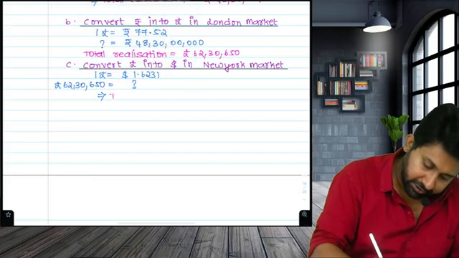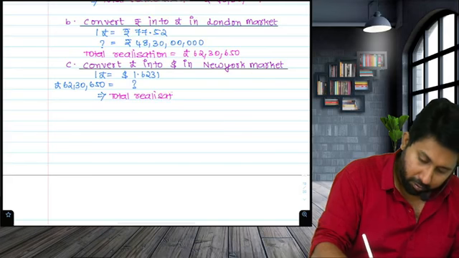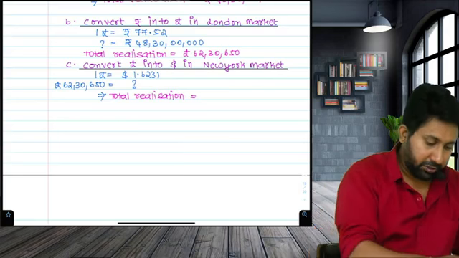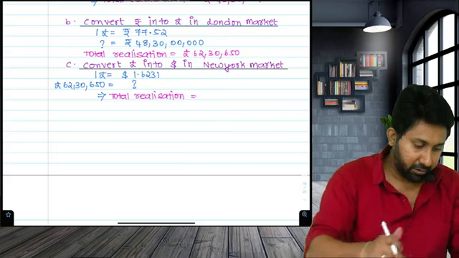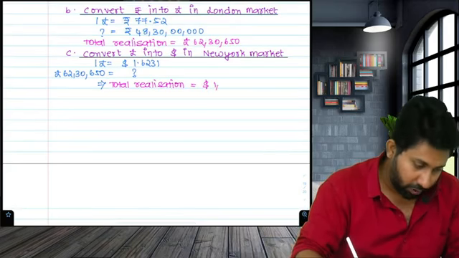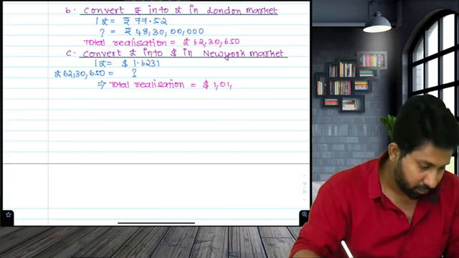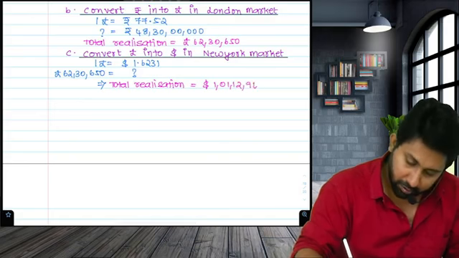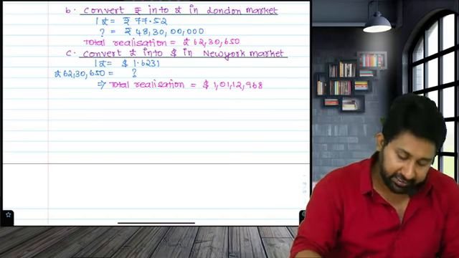So total realization equals 62,30,650 into 1.6231, that is dollars 1 crore 1 lakh 12,968.